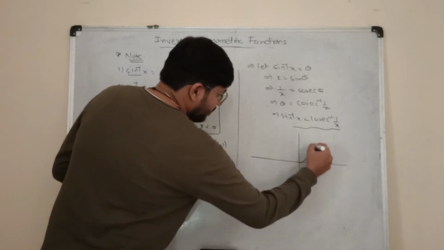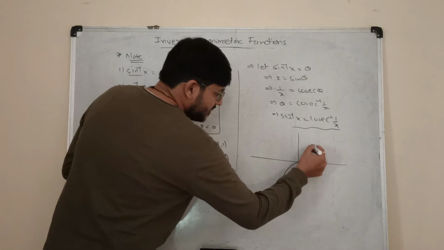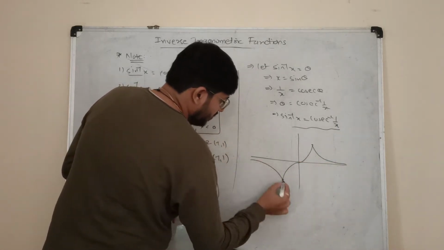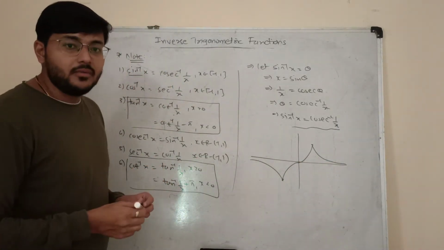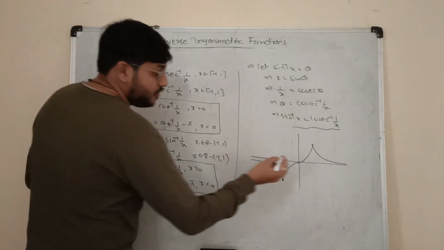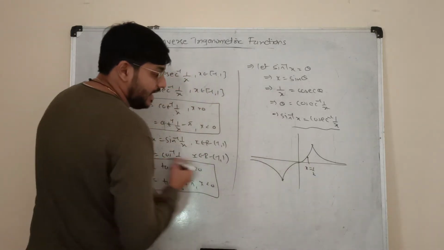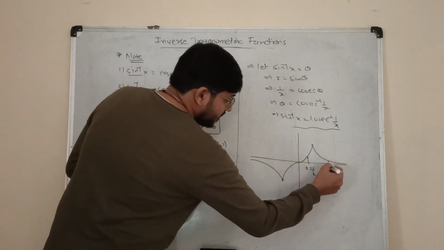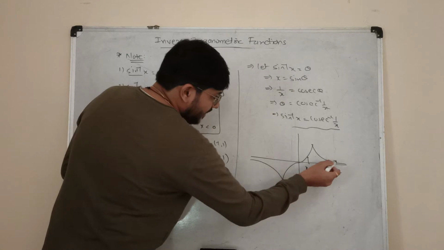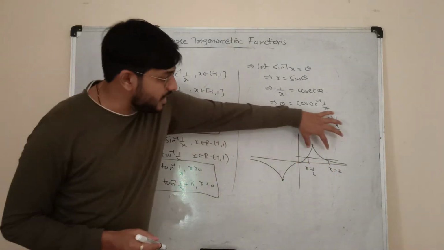So this is the graph of sine inverse, and this is the graph of cosec inverse. Now what do you observe? If I put any positive value of x, let's say x equals half, and take its reciprocal value, which is x equals 2, I find that both values give the same answer.